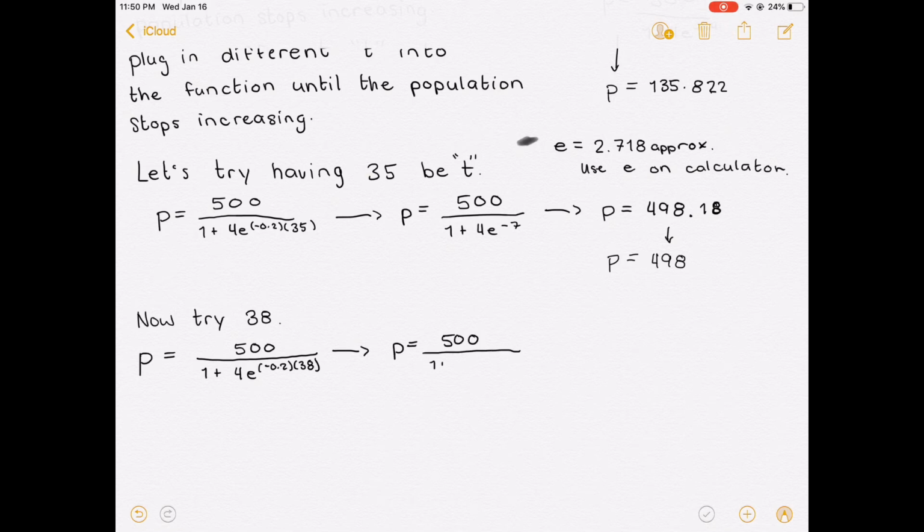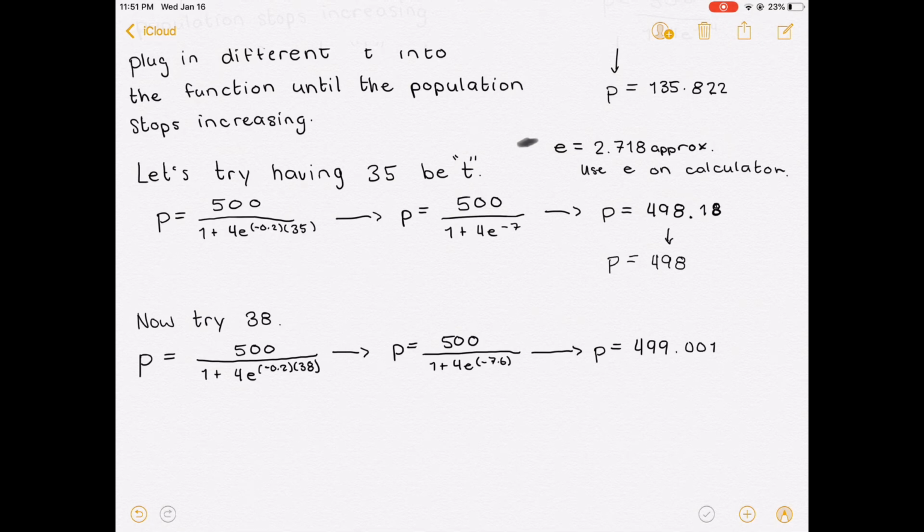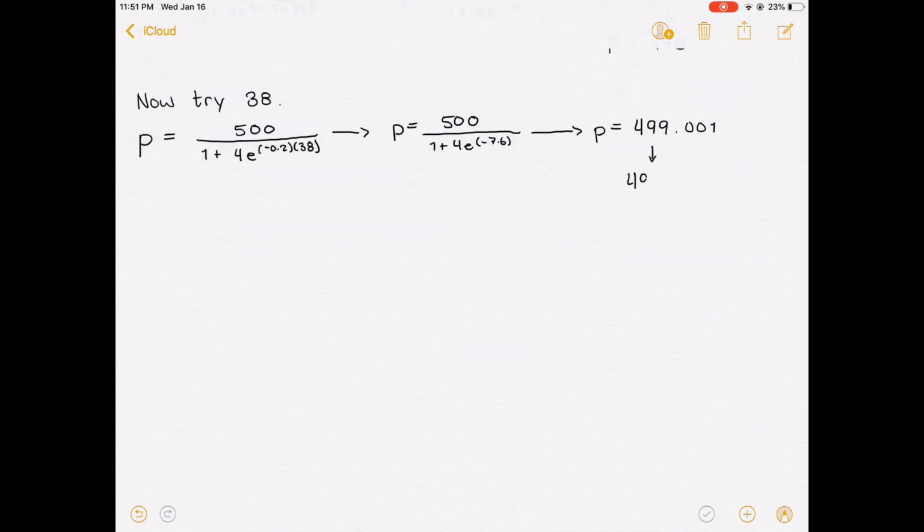And if you simplify that even more, it should become P equals 500 divided by 1 plus 4e to the exponent of -7.6. So if you plug that into your calculator, you should get an answer that's equal to P equals 499.001. So as always, let's round to the nearest whole number. In this situation, the nearest whole number is 499.